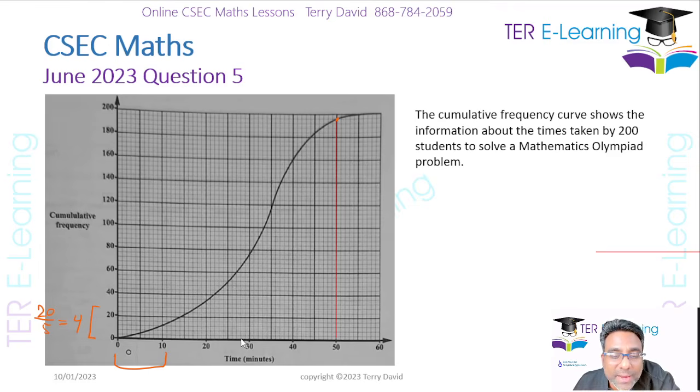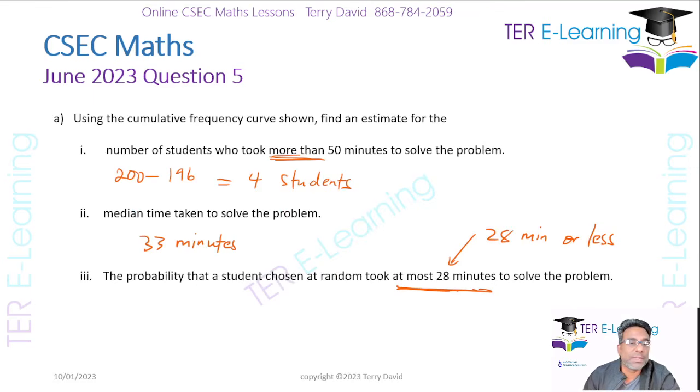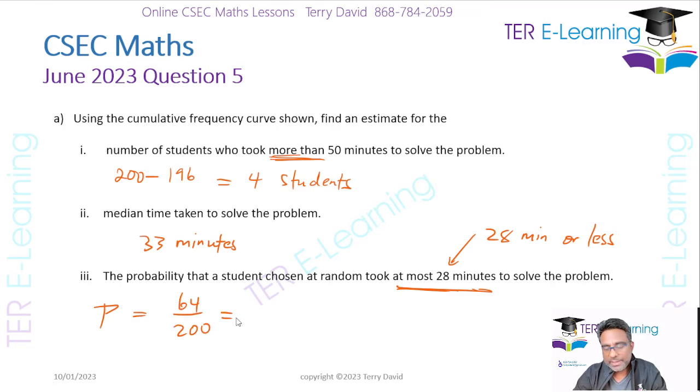According to my graph, 28 corresponds to about 64. So the probability is 64 over 200, and that is 8 over 25. So that's your probability there, 8 over 25.